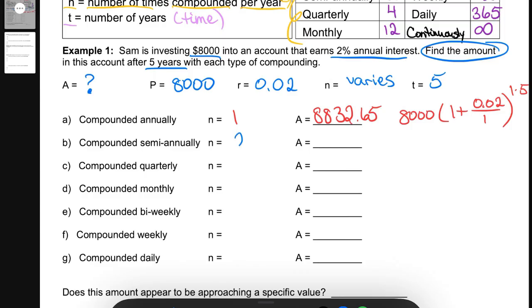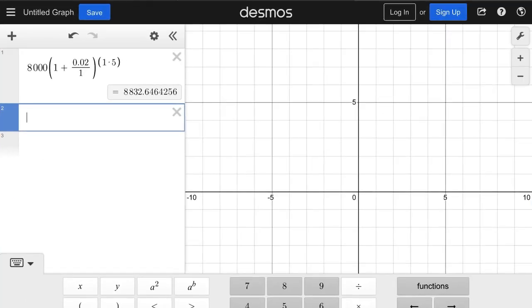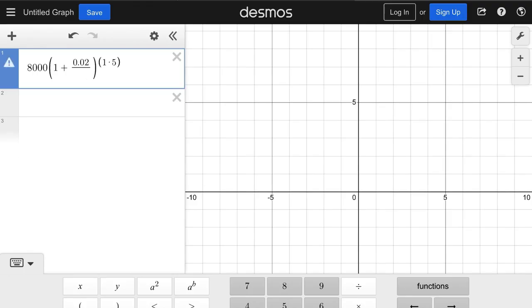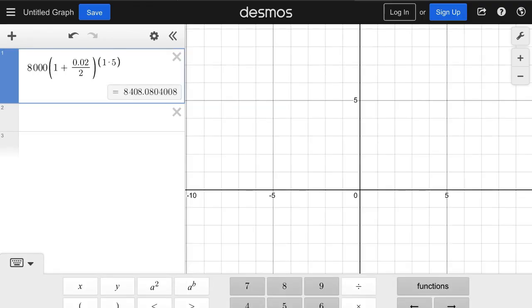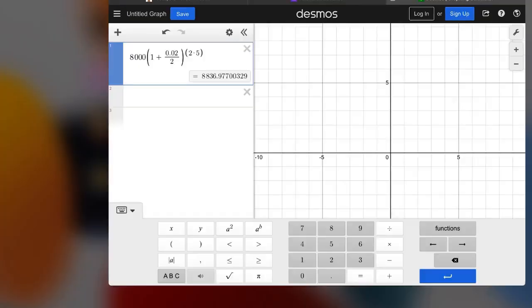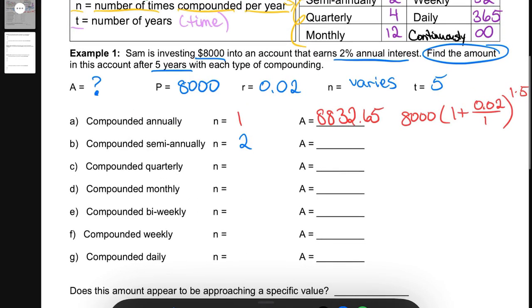Now, if we compound semi-annually, that's 2 times a year. In the calculator, you can just change this 1 to a 2. It's really easy to do on Desmos, and you can do it on the calculator as well. Just type over the 1 and make it a 2. And there's your result, 8836.98 when we round.